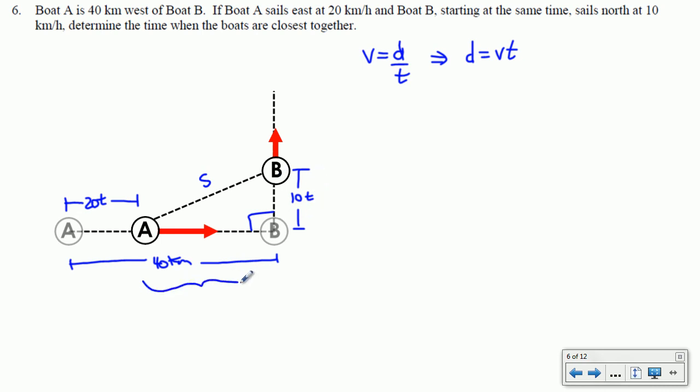But the length here is going to need a little bit of adjustment. So that would be 40 subtract 20t. So now we can come up with an expression for S using the Pythagorean theorem. So it's going to be the sum of the squares of the legs of the triangle. So one of those legs would be 10t, and the other would be 40 minus 20t, and they're all squared.